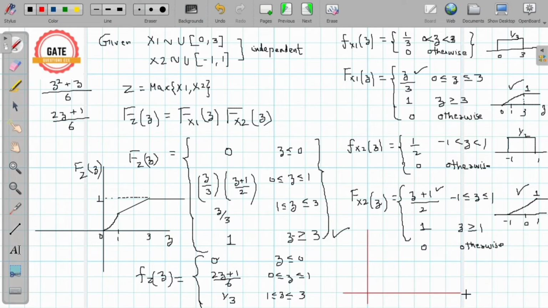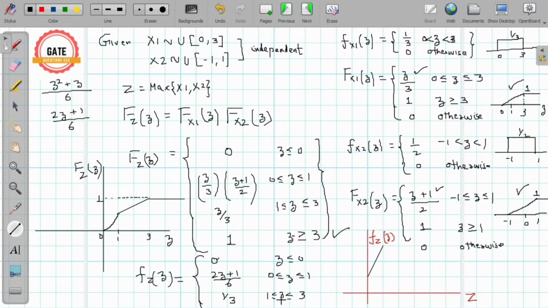So this is our z-axis, and on this axis we will plot the PDF of z for sample value small z. So below 0, this PDF is 0. And when z lies between 0 to 1, it's a straight line with slope of 1 by 3. At z is equal to 0, its value is 1 by 6. At z is equal to 1, its value is 3 by 6. So it will be a straight line rising from 1 by 6 to 3 by 6.